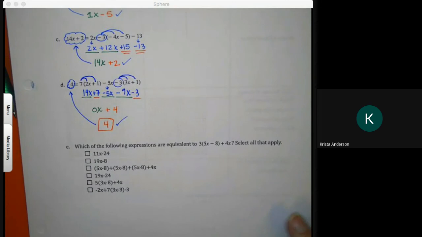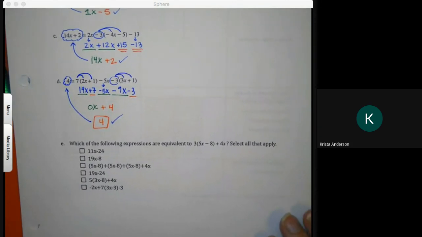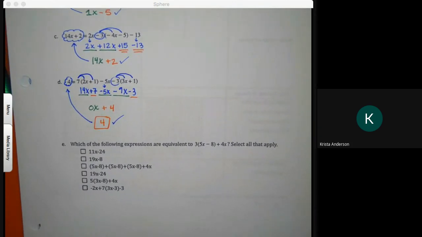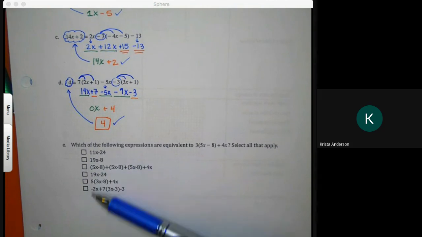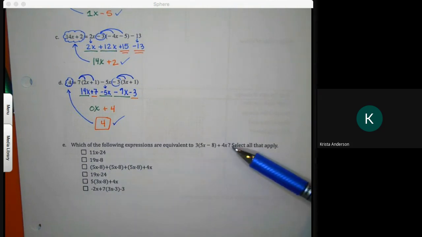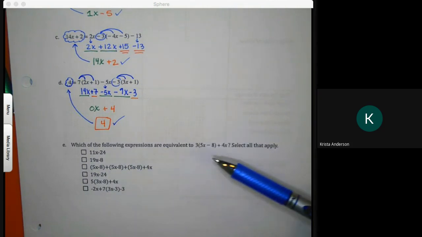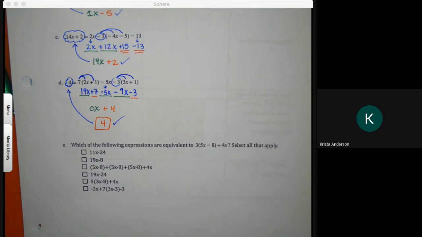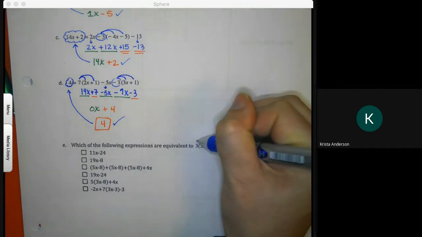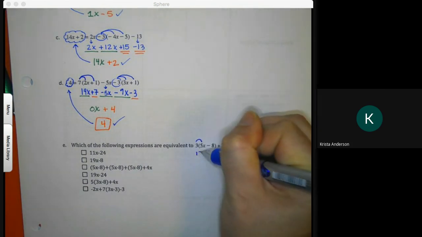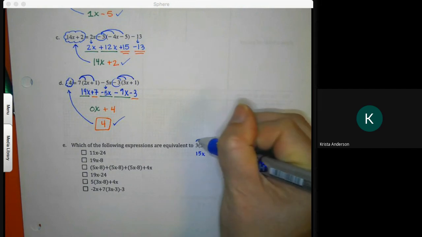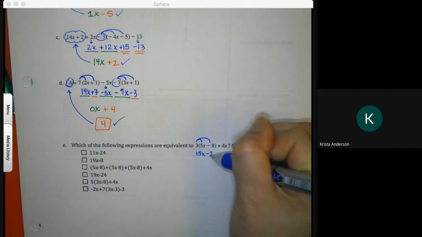Last example. You have to check off which ones match this expression. First, I'm just going to distribute and see what it equals. 3 times 5 is 15x. 3 times -8 is -24.